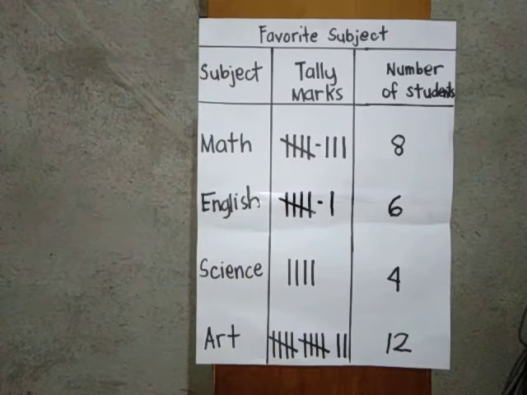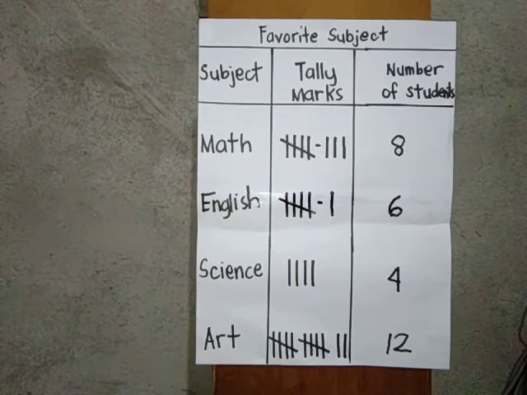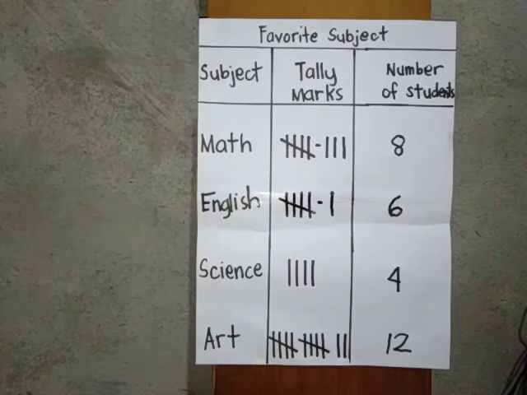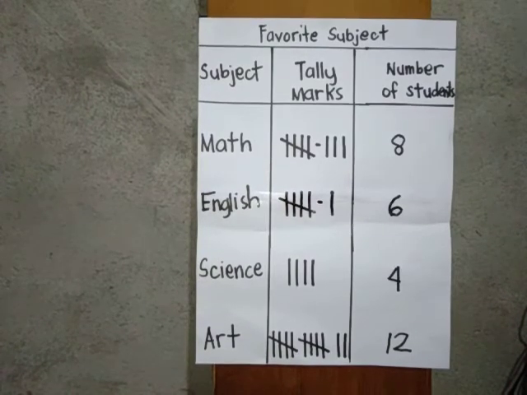How did we put tally marks for each subject? We put tally marks on that table by counting the respondents, the ones who chose their favorite subject, based on the subject that they chose.